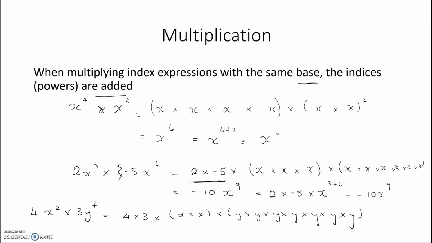Now, we can't do anything else except multiply the 4 times 3, which is 12. X times x is x squared, and all those y's is y to the power of 7, because we can't simplify any more because the bases are different.